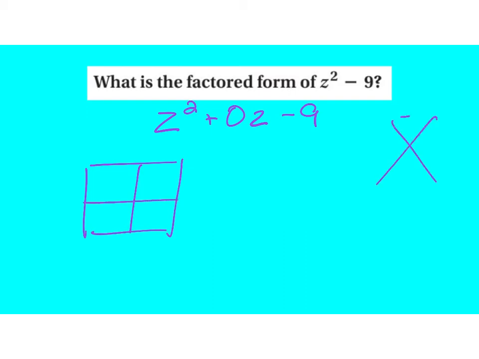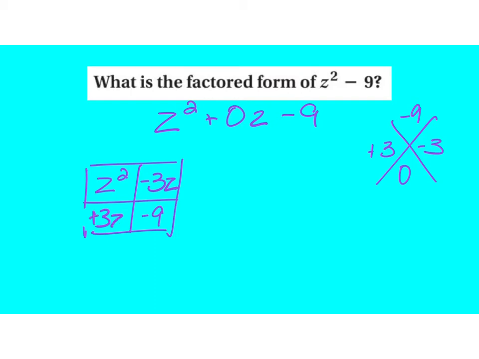We need factors of negative 9, but a sum of 0. When I fill in my first and last terms, if we need a sum of 0, that means the values have to be the same. So we're looking at 3 and 3, but one is positive, one is negative.